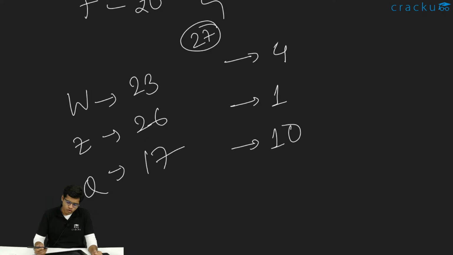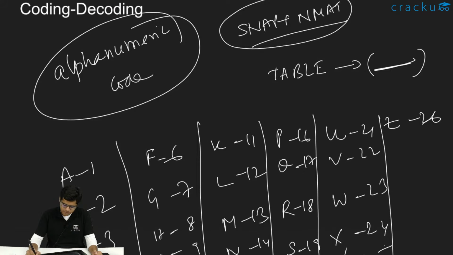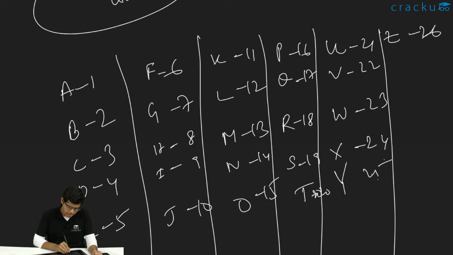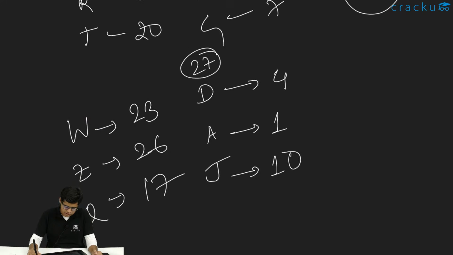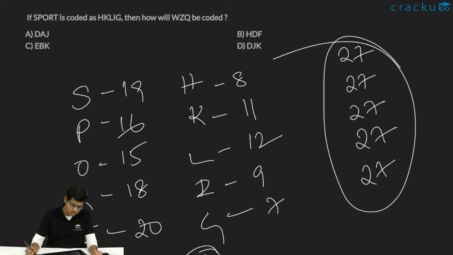Number 4 is D, 1 is A, 10 is J. So WZQ is coded as DAJ. Option A is the correct answer.